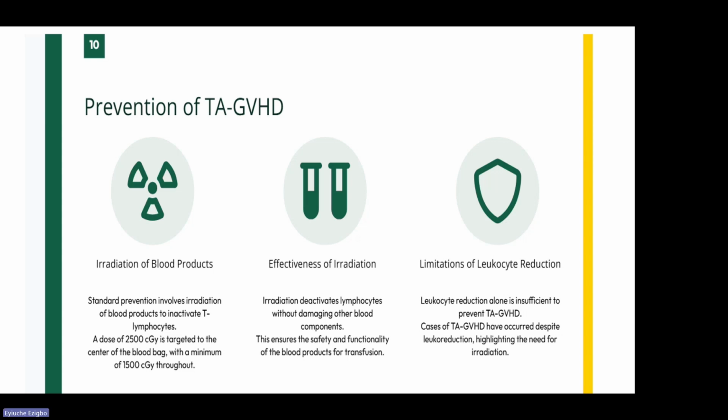So looking at the pathophysiology and how it initiates because of the viable T lymphocytes being transfused from the donor to the recipient, if the blood can be irradiated before transfusion to inactivate those T lymphocytes, it will help to eliminate this condition.